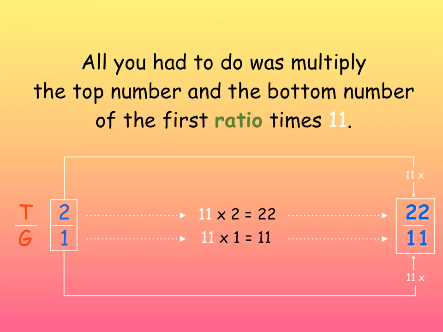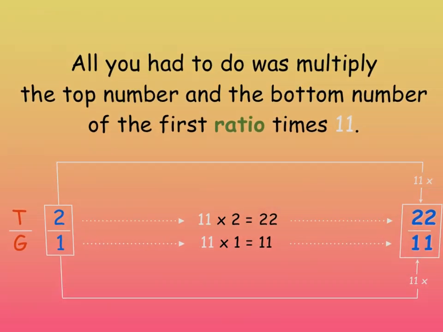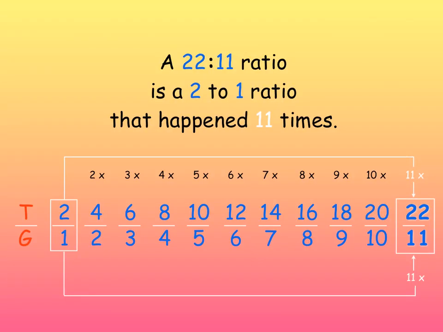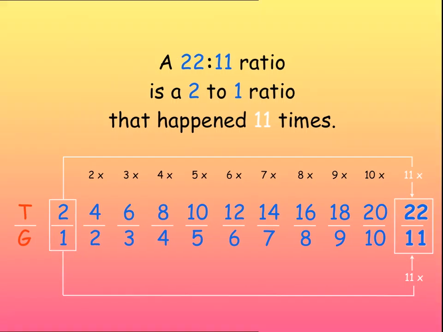All you had to do was multiply the top number and the bottom number of the first ratio times 11. 11 times 2, 11 times 1 gives you 22 to 11. A 22 to 11 ratio is a 2 to 1 ratio that happened 11 times.